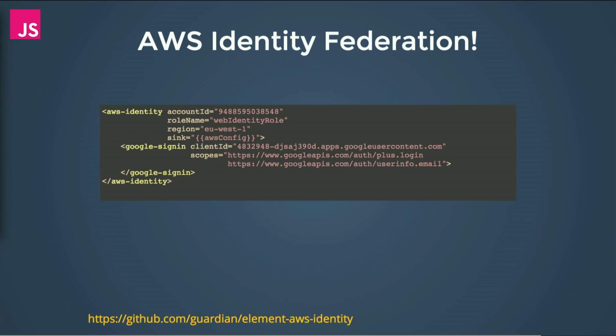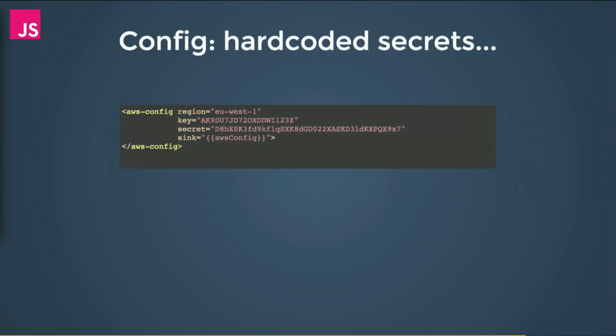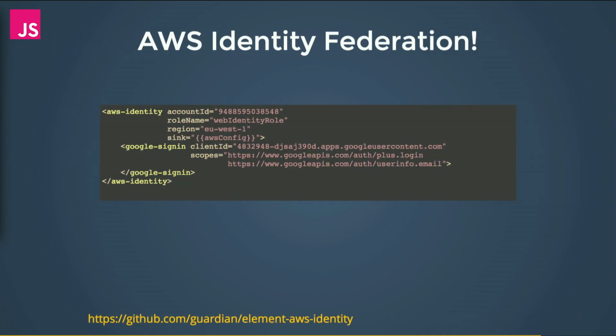And this is what I've done here. We've written a new AWS identity element that wraps the Google sign-in element that Google actually provided. They had to write it for me, so that's nice. And that exports the same AWS config object as the previous element did. So you can just substitute the hard-coded config we had previously with this one that does it in a safer way and without revealing any secrets.